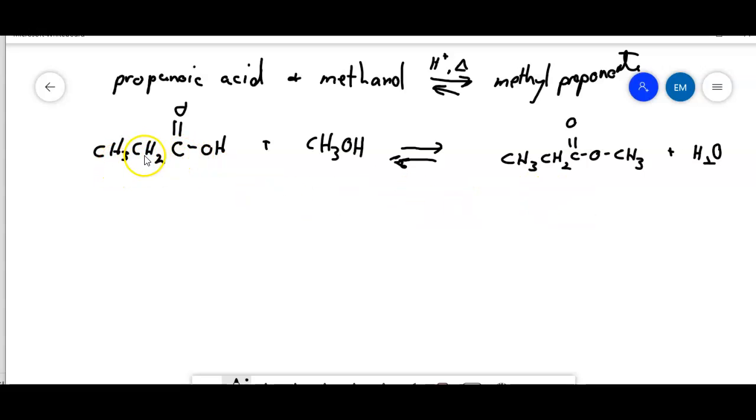Okay, you have the C, CH3, CH2, C double bond O. On that side, you still have that here, and you've got CH3O, that's there, and then you got H2O. Well, let me underline some stuff. Okay, this stays intact. This stays intact.